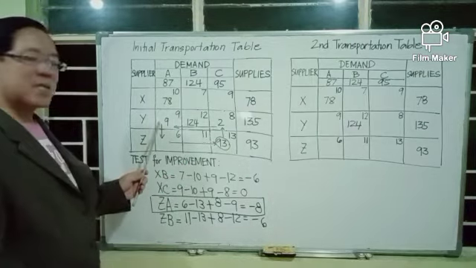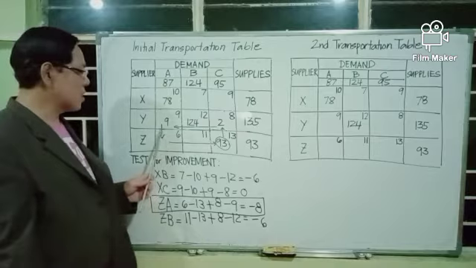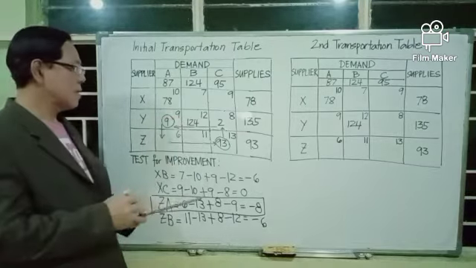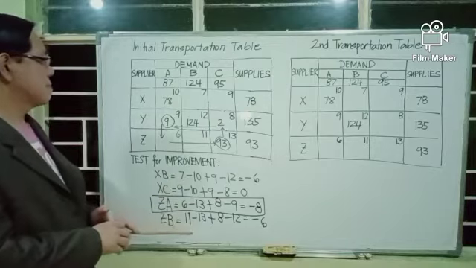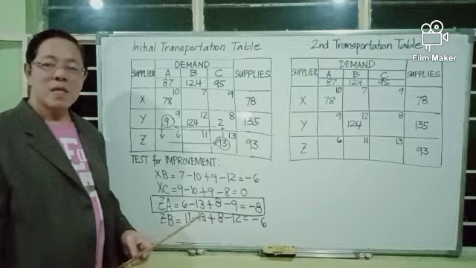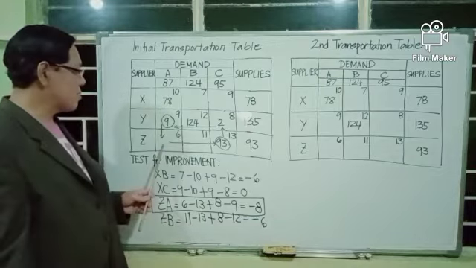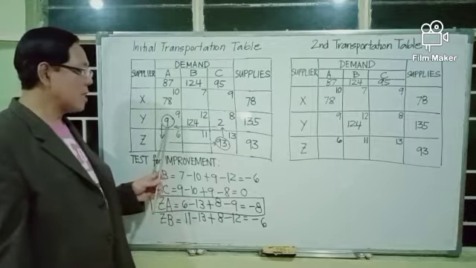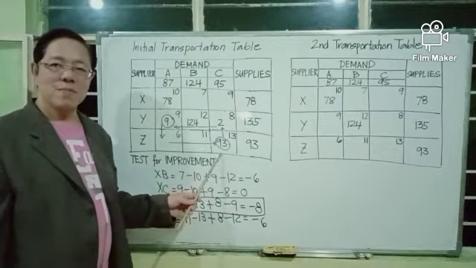And for the vertically downward movement, we originated from 9. Now, the number of units to transfer in this vacant cell is the number of units between 9 and 93.